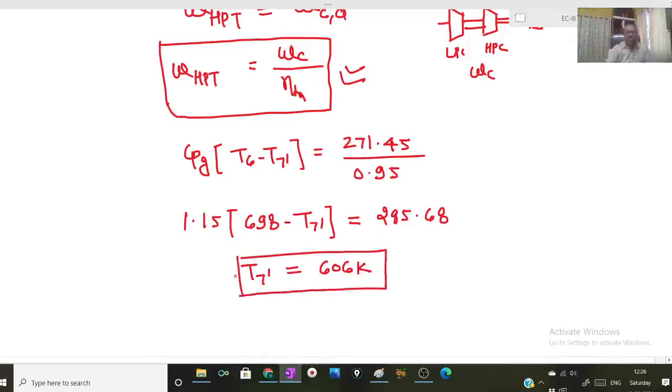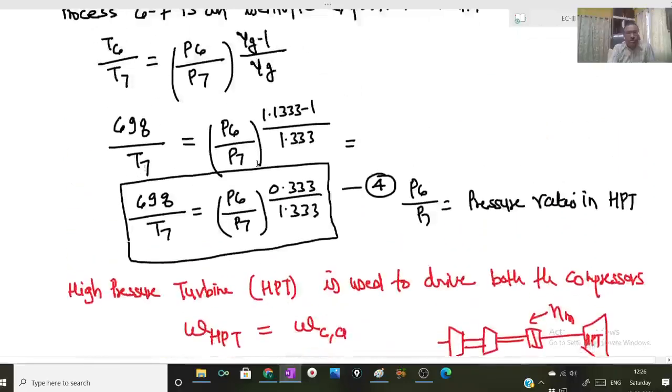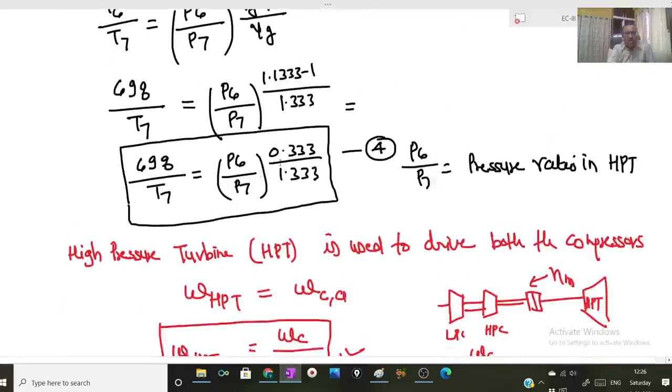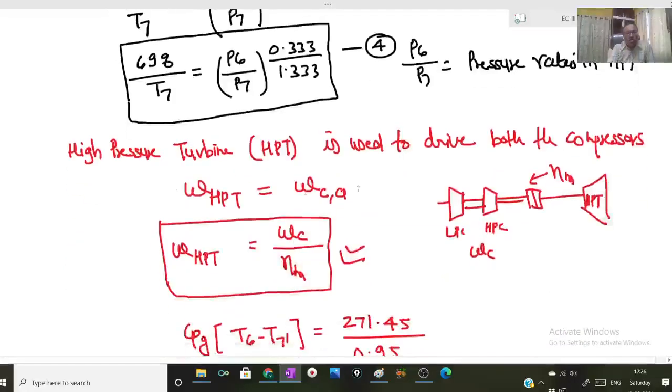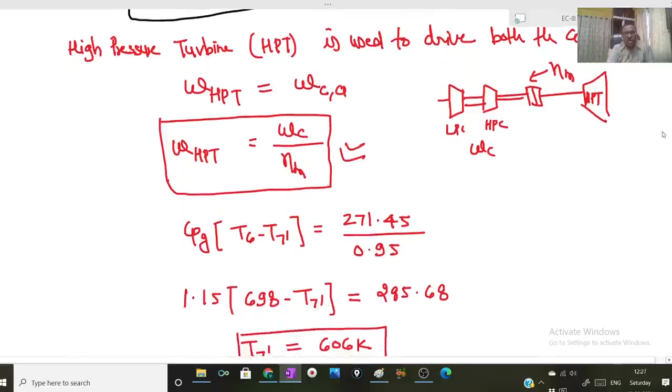Okay. So what we did, let us recapitulate. First we considered the isentropic expansion in the HPT, but here the pressure ratio in the HPT is not known to me, neither the T7. So to solve this problem, I recalled a very important piece of information given in the problem, that the entire work output of HPT is used to drive the compressors, both the compressors.